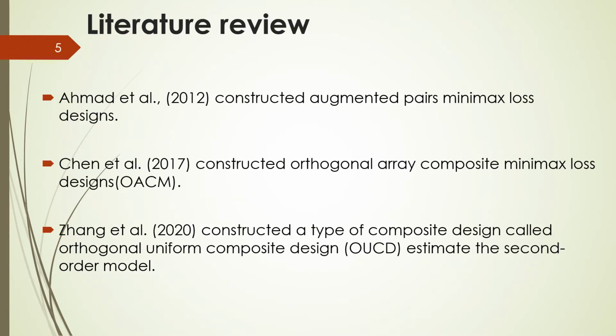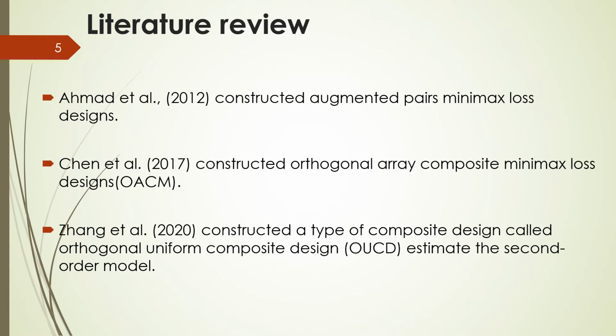Moving to the literature review, we'll see a few works. Let's take for instance Ahmad et al. 2012, who constructed a type of robust design called augmented pair minimax loss design, and this design was found to be robust to one missing value and more efficient compared to the initial augmented pair design of Morris 2000.